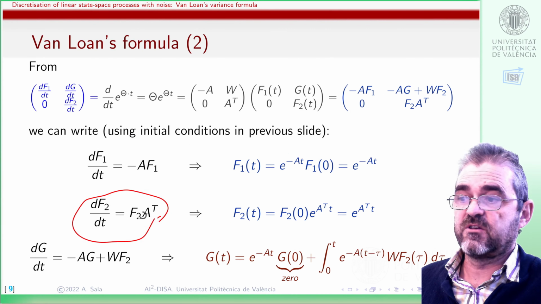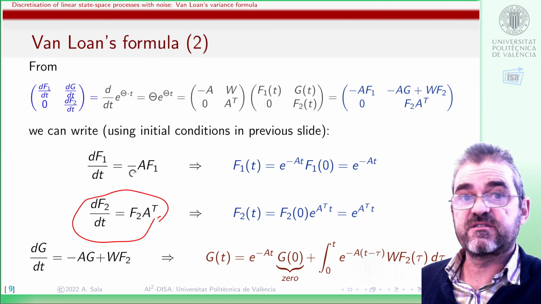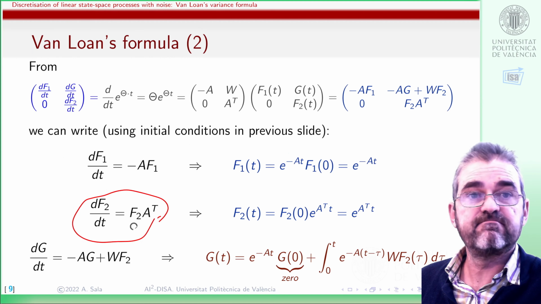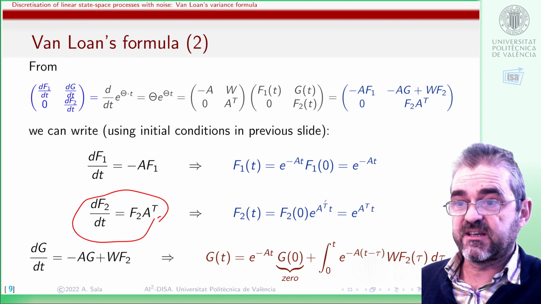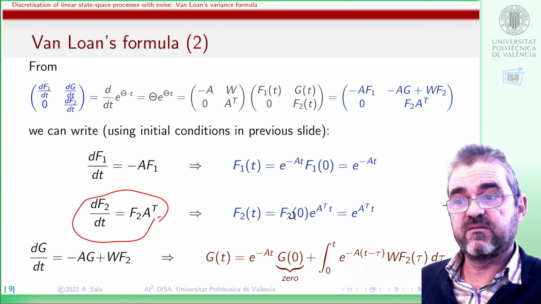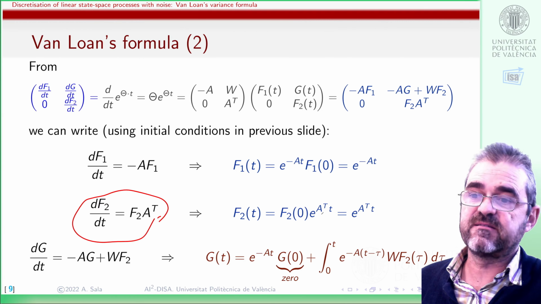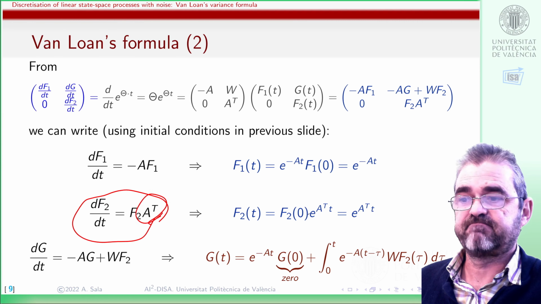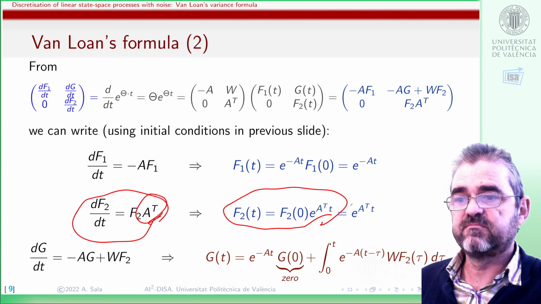Similarly, the solution of this, which is somehow the same equation as the first one with f1 but transposed, is the initial condition multiplied from the left instead of from the right by the exponential of this matrix. So this is f2.